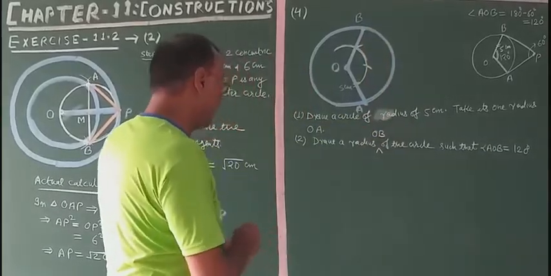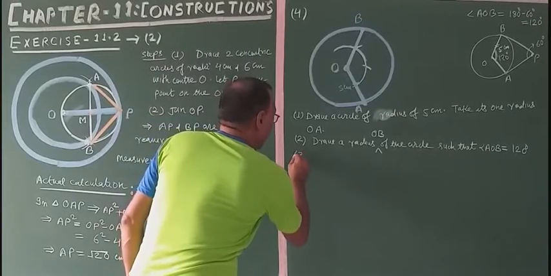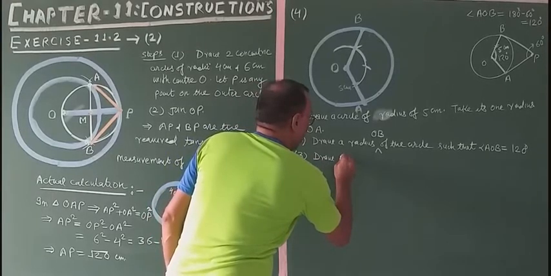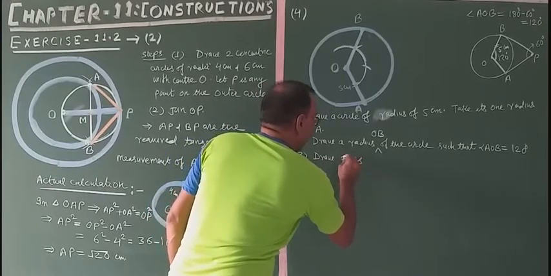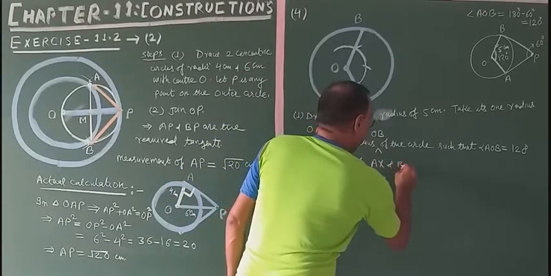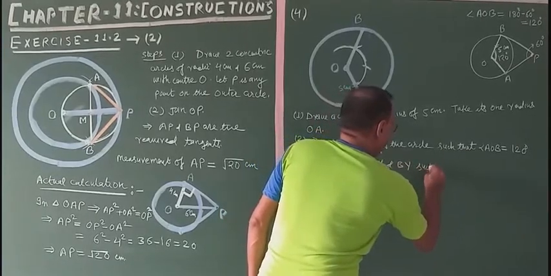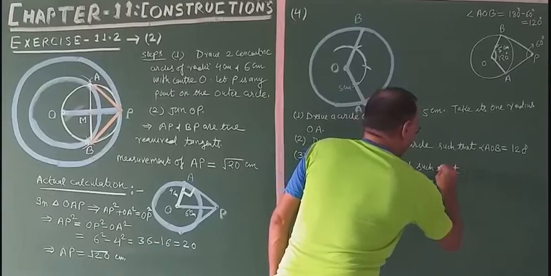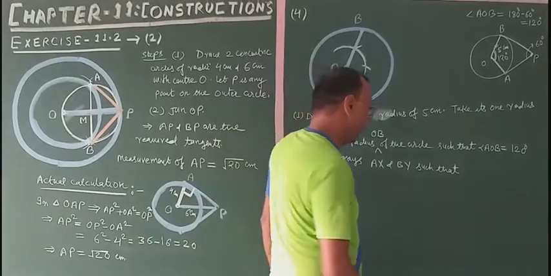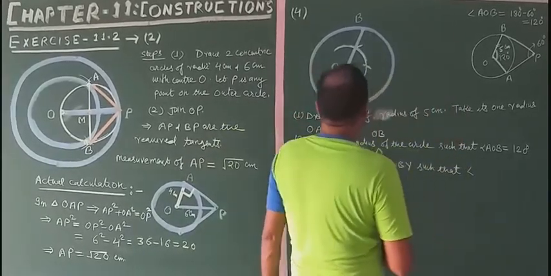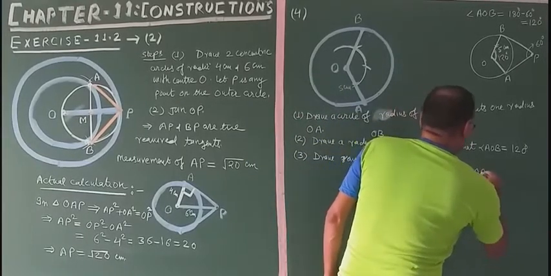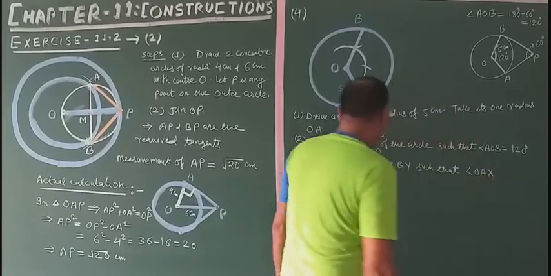Now step number third. Draw rays AX and BY such that angle OBY and angle OAX, now what is the next step?